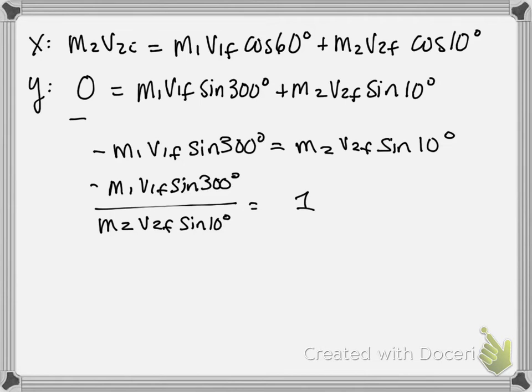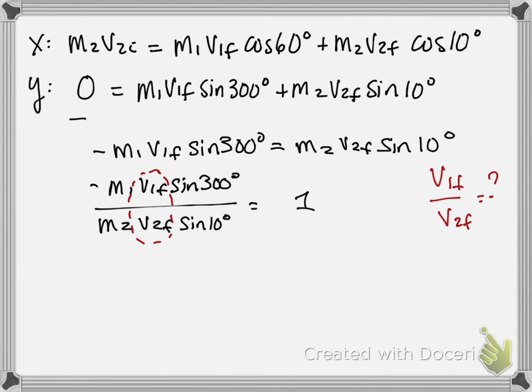Now remember, what we're actually looking at here is the ratio of speeds between the pin and the ball. So what we're really looking for, and I'm just going to write it in red, is this relationship here. And I can kind of pull this out and solve for it.